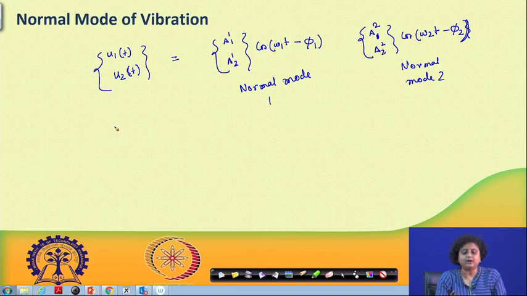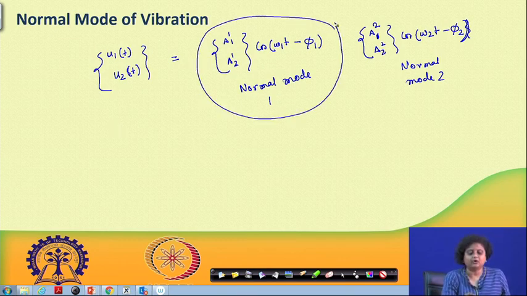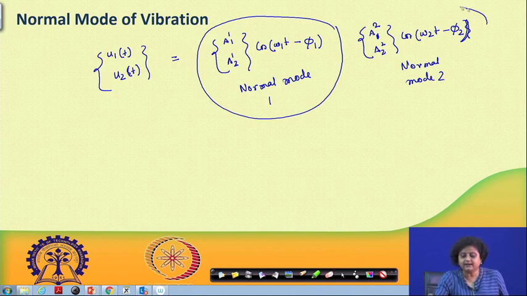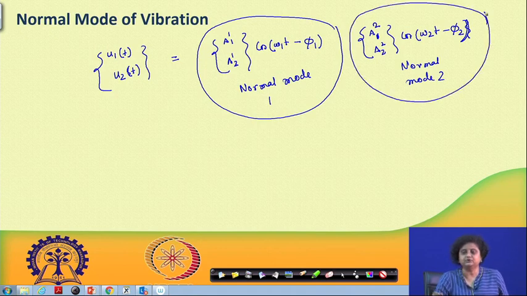So, this is one possible normal mode vibration of the system. This solution is satisfying the equation of motion as well as the condition of synchronous motion. Similarly, this is another solution which satisfies the equation of motion as well as the criteria of synchronous motion.